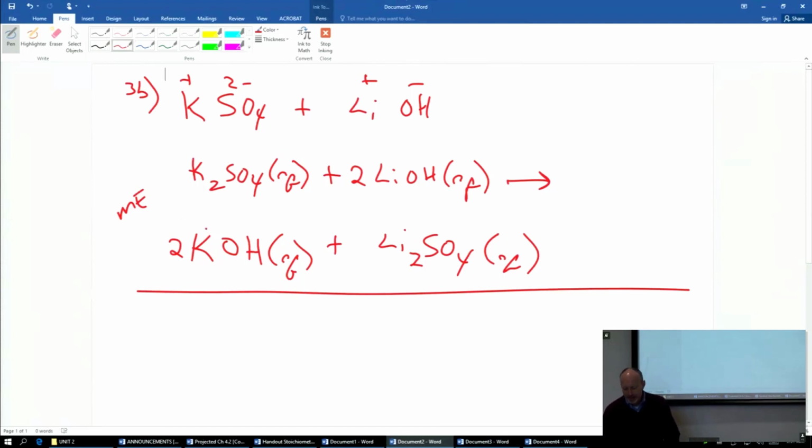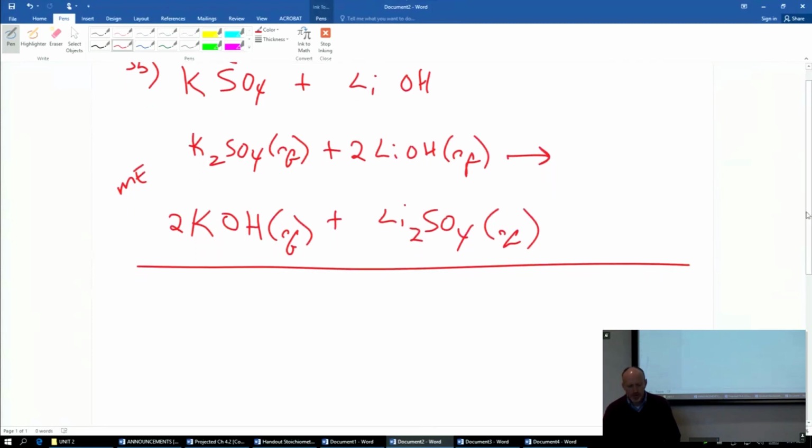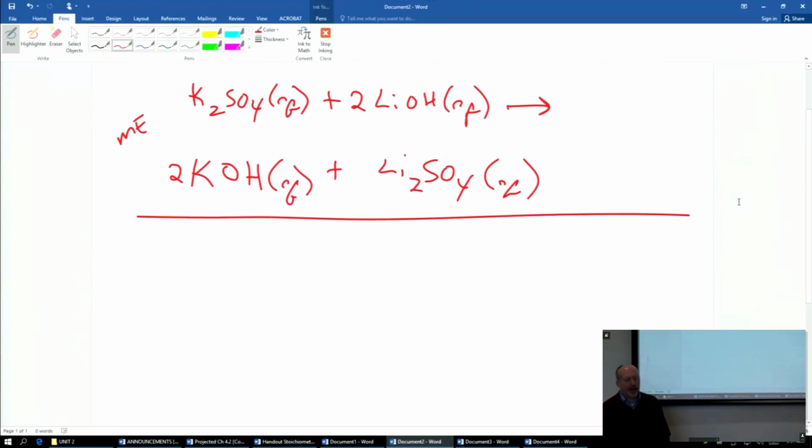Right, now next up I've got to convert that into a complete ionic equation. So I'm going to take all the aqueous ionic pieces and break them up. K2SO4 aqueous will become 2K plus aqueous. Subscripts become coefficients when the pieces are released.